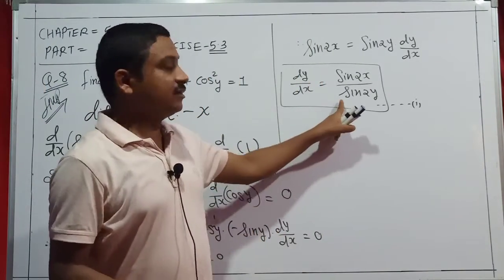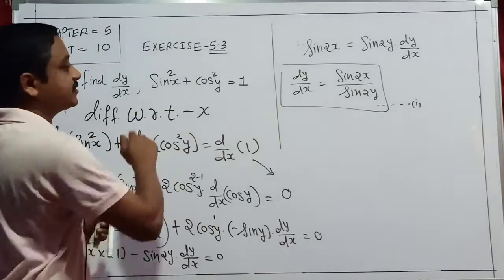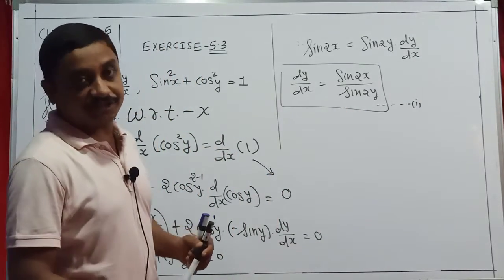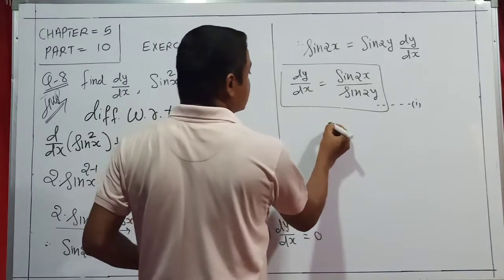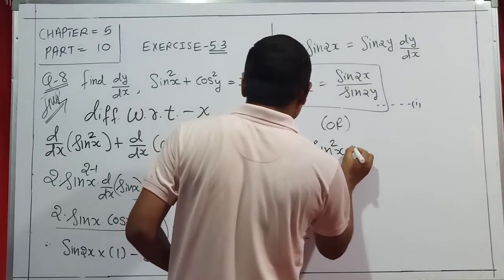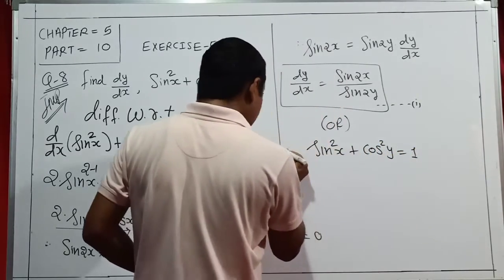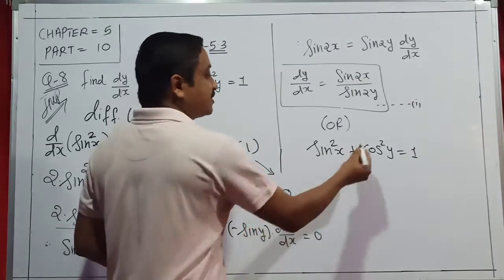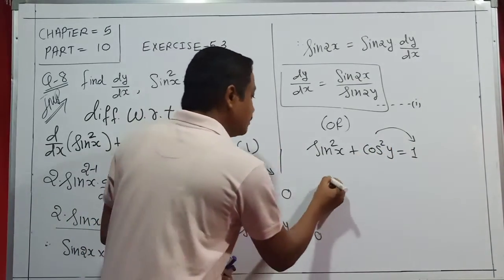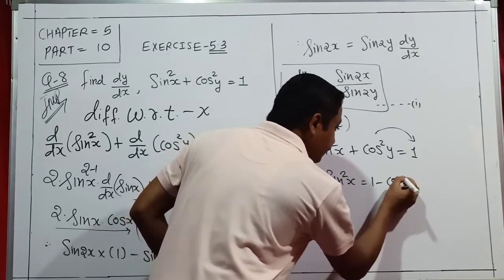Now students, this answer is correct, but now I will explain this question again with different answers. Sin square x plus cos square y is equal to 1. If you move cos square y to the right side, sin square x is equal to 1 minus cos square y.